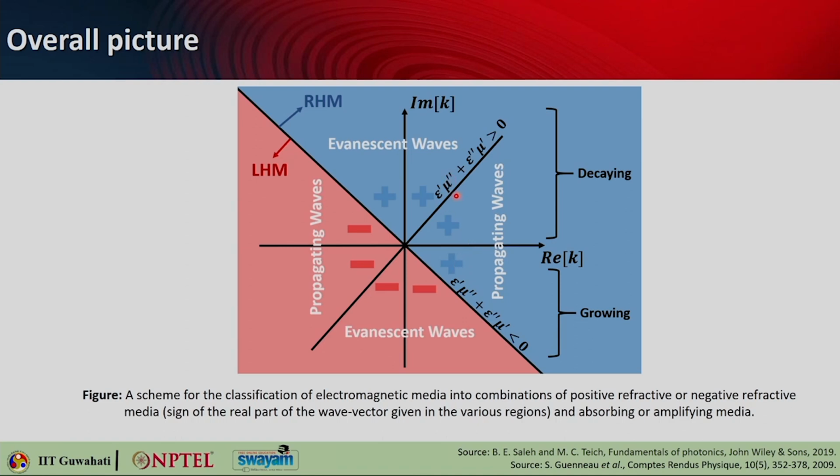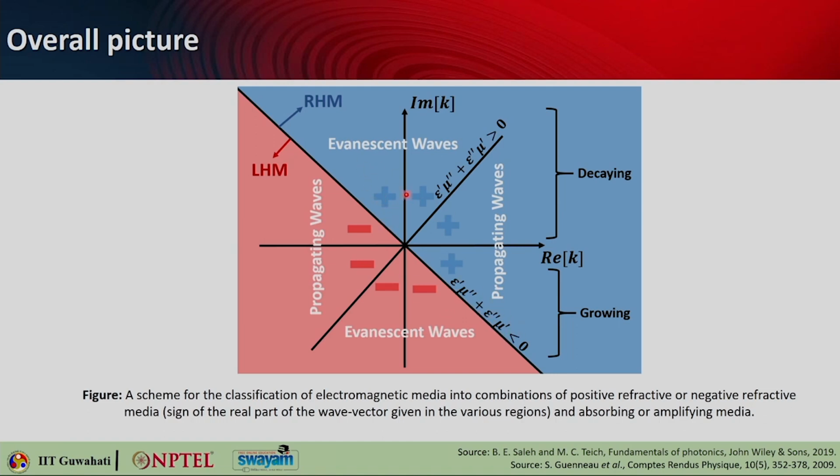If you do not satisfy, so here what will be the line here? This particular line is basically telling you that on this side epsilon prime mu double prime plus epsilon double prime mu prime has to be greater than 0. So it's a positive one, and this also tells you that this quantity should be negative.